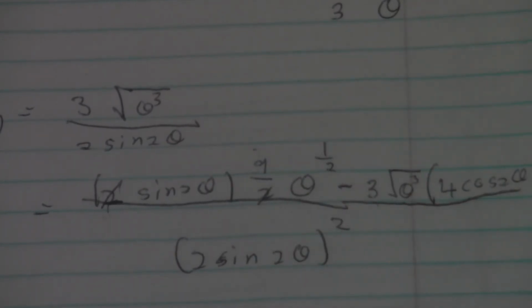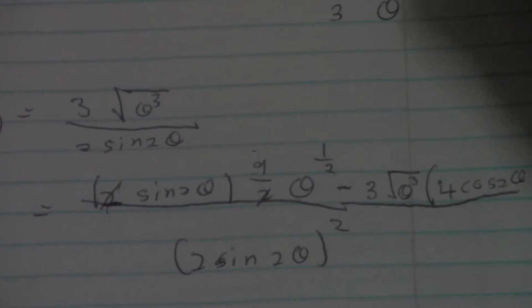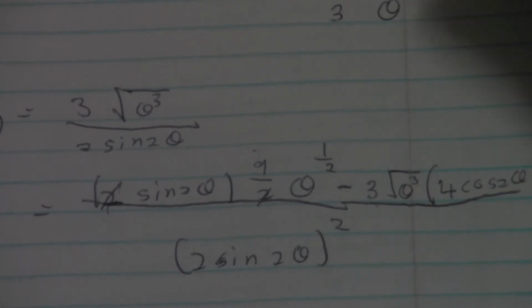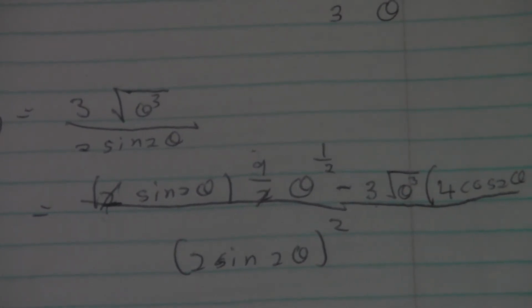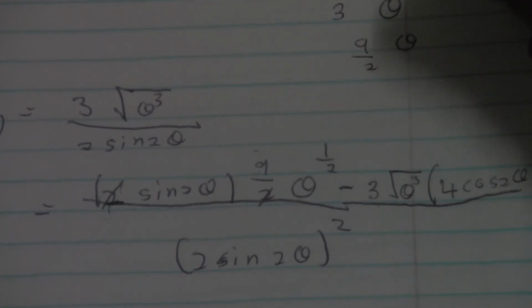This is 3 times theta half to the 3 over 2. Alright. Did I call this 9 over 2? When I differentiate this, I get 9 over 2 theta to the half power. Good, that's what I wrote here.